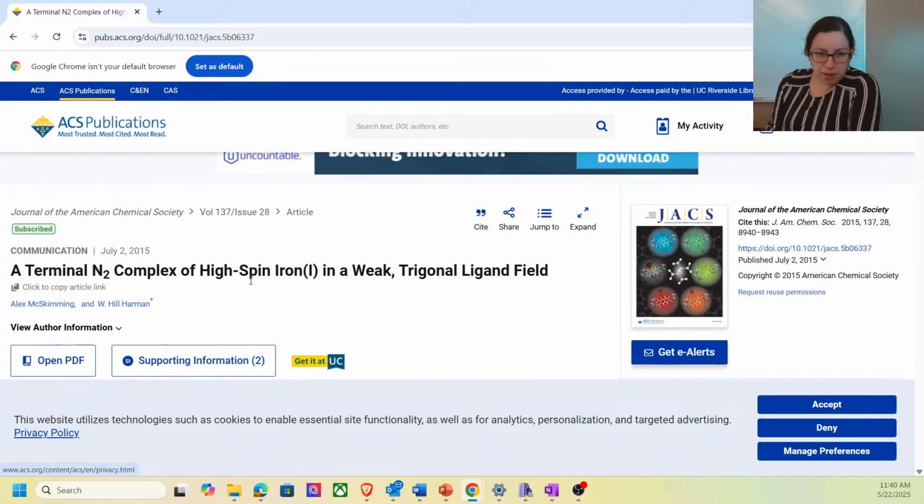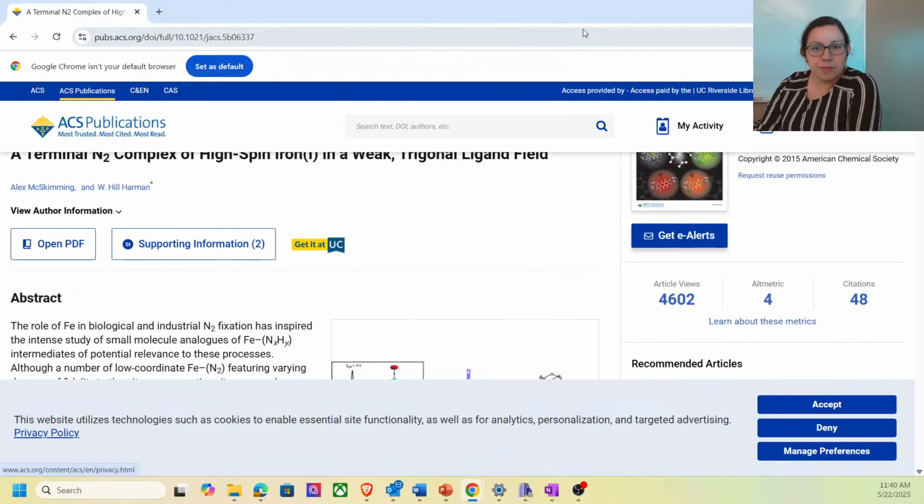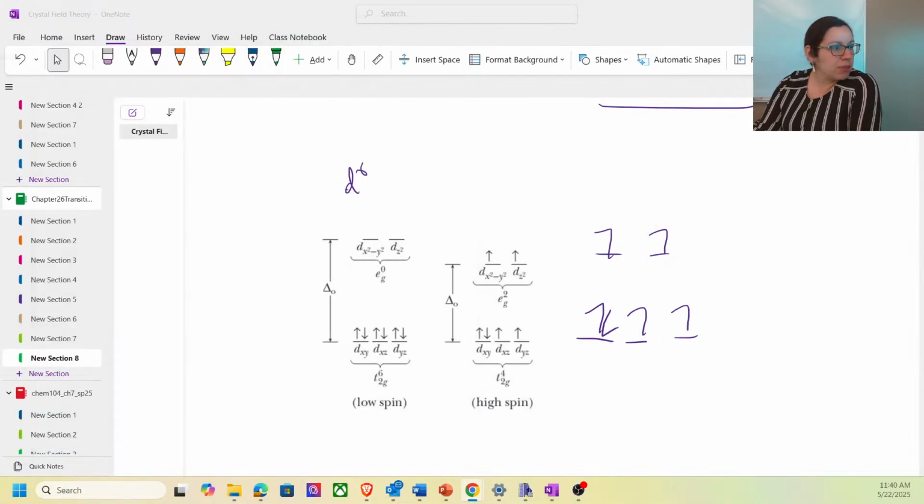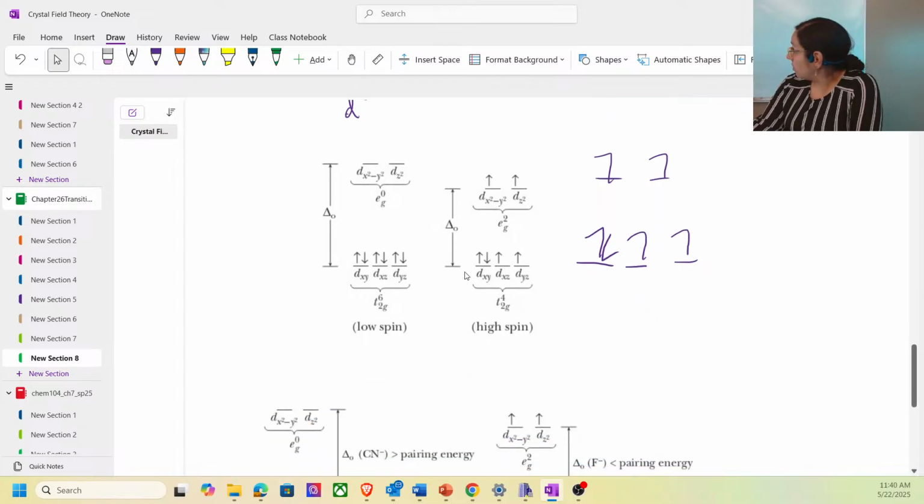And so apparently high spin iron(I) compounds are pretty rare, and so that's kind of interesting. So this was one of the first high spin iron(I) compounds ever isolated. So that's again why people care, and what we're trying to go for, at least to understand our basic trends here.